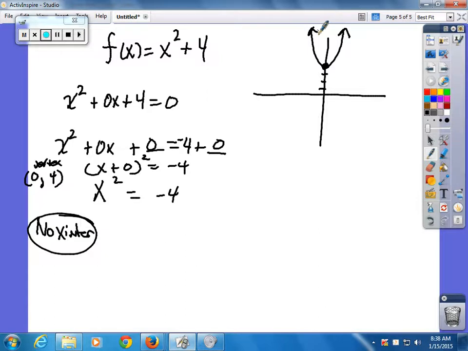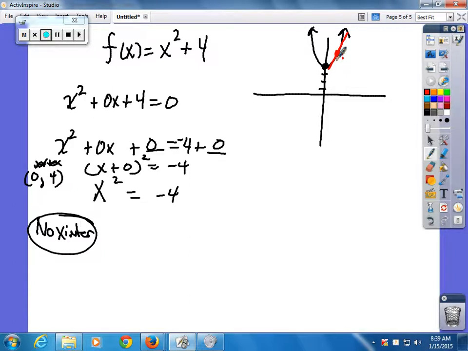Well, let's pick a point. Let's take a red marker, and let's pick this point right here. All right, I want to know what the slope of that line is right there.